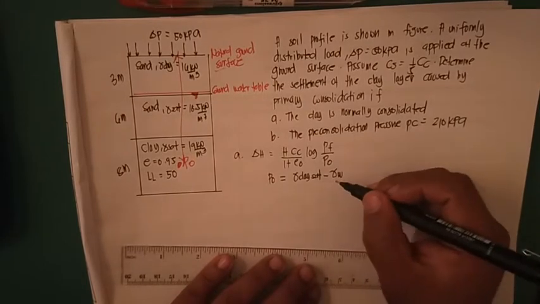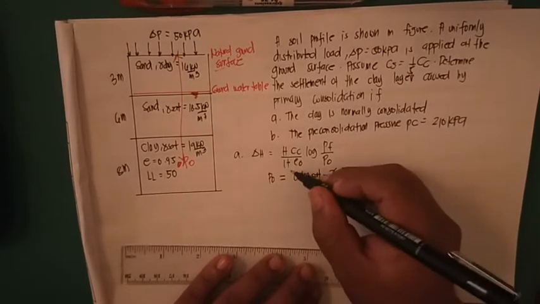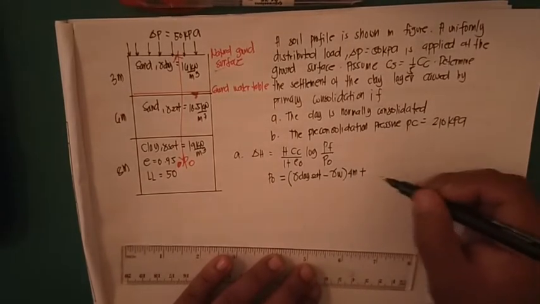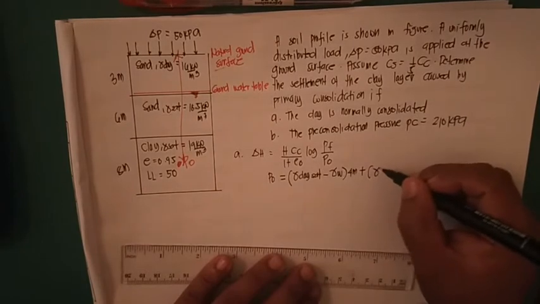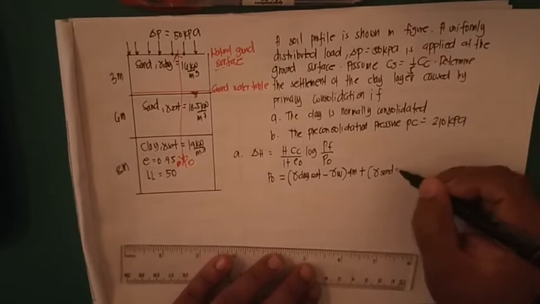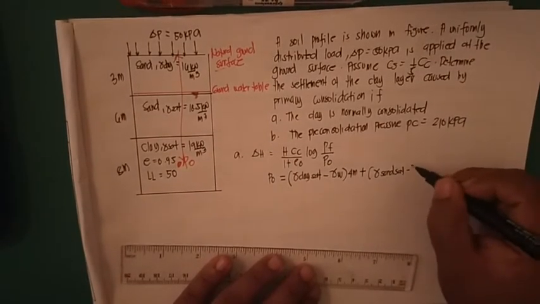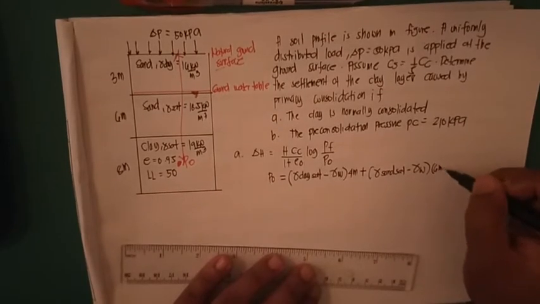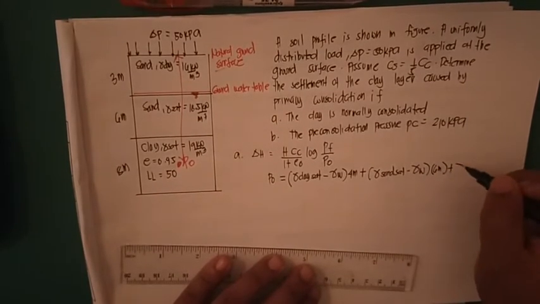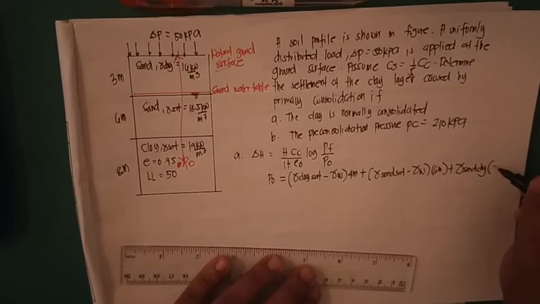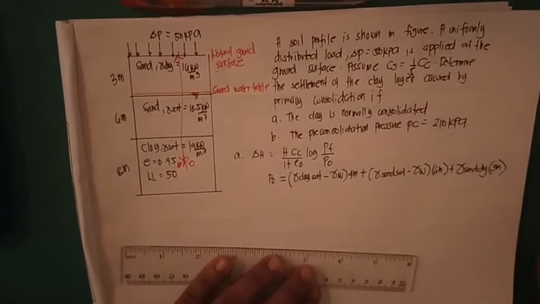Gamma clay sat minus gamma water multiplied by 4 meters, plus gamma sand sat minus gamma water times 6 meters, plus gamma sand dry times 3 meters.